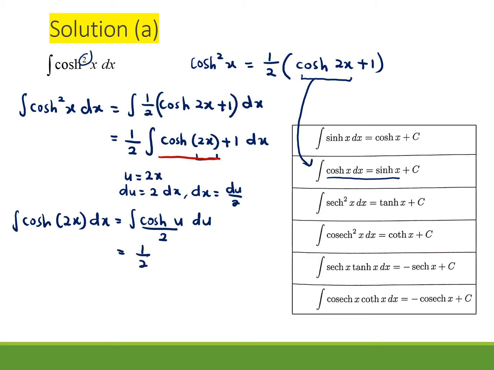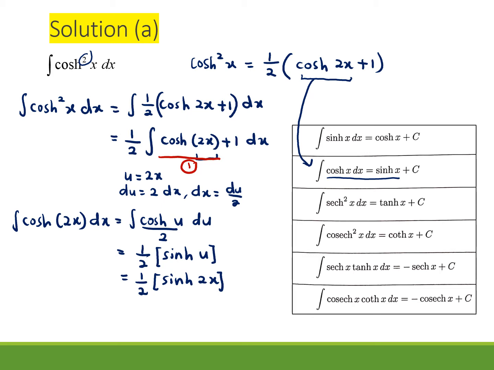Okay, then we have 1 over 2 cos hyperbolic u integrates to sine hyperbolic of u. Now we substitute u back with 2x, where here we get sine hyperbolic of 2x. Okay, now we have solved the first integration.